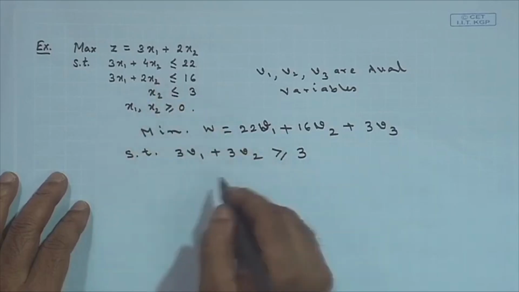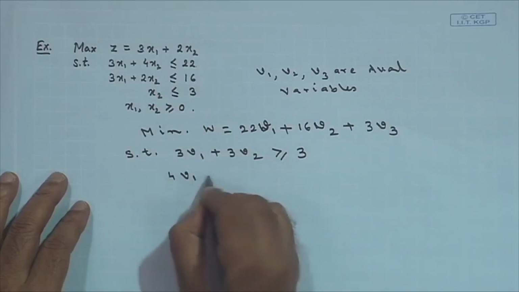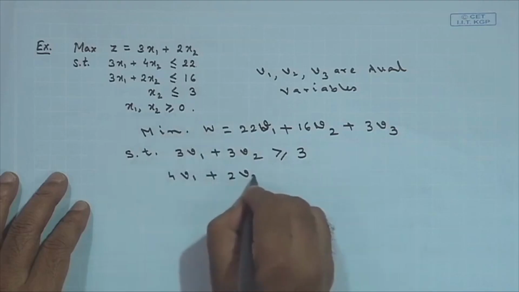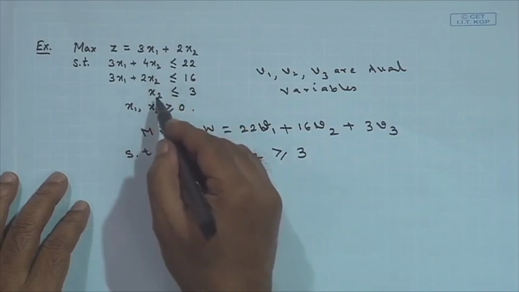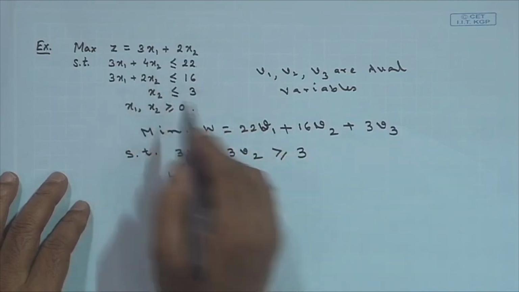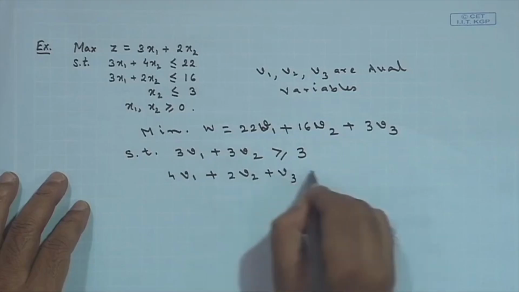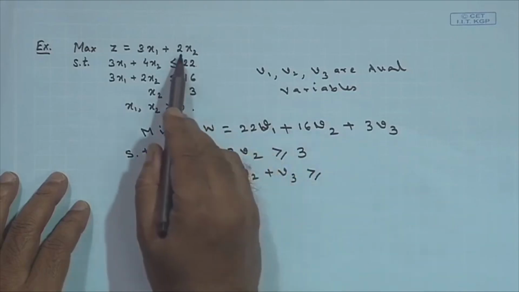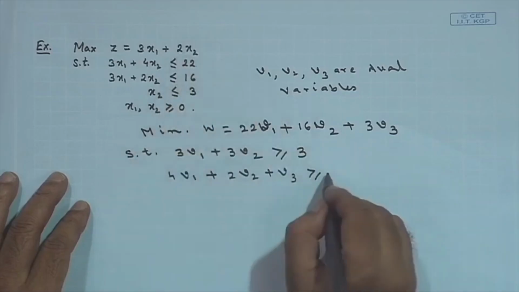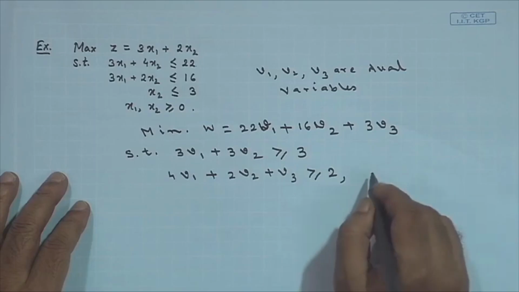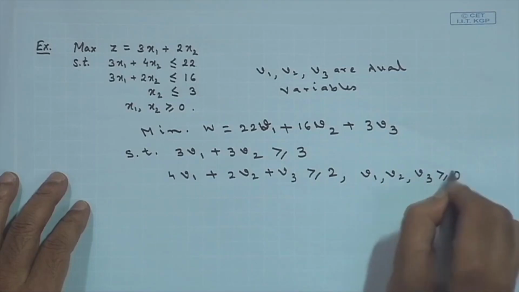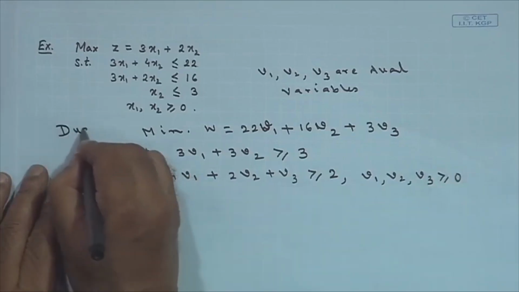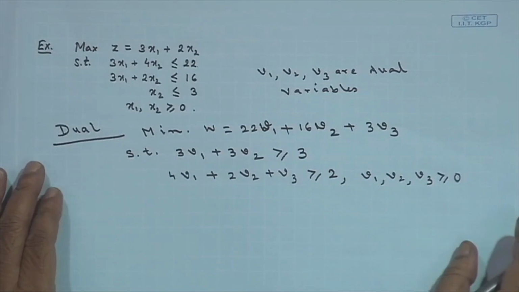Similarly, for the next one it will be 4 V1 plus 2 V2 plus V3, since the third constraint corresponds to the variable V3, greater than equals the coefficient associated with the variable x2, that is 2, and obviously V1, V2, V3 greater than equals 0.